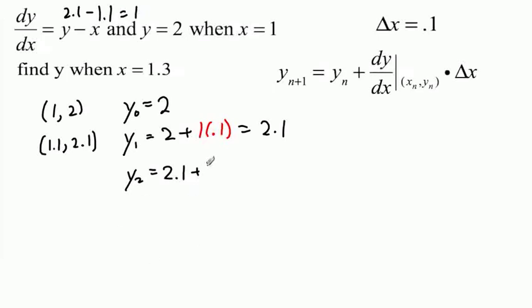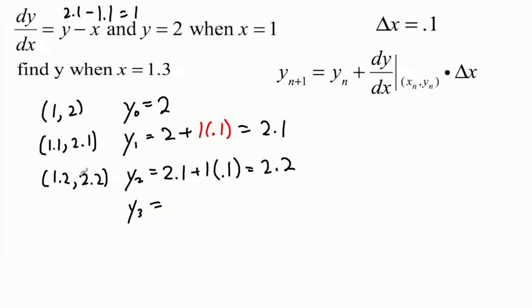So this becomes 1 multiplied by 0.1, which gives me 2.2. And at that point, x changed by 0.1, and y is going to be 2.2. All right, let's go to the next one.